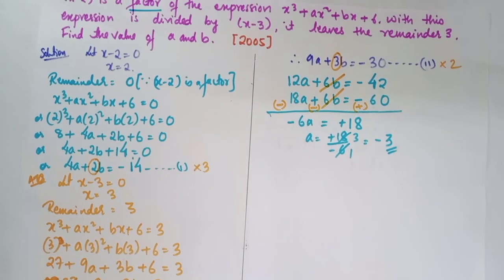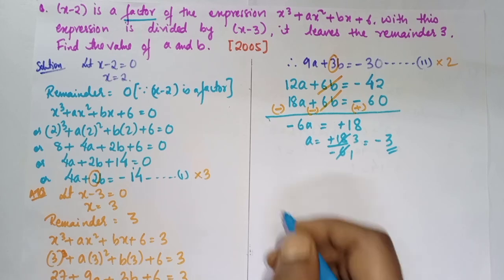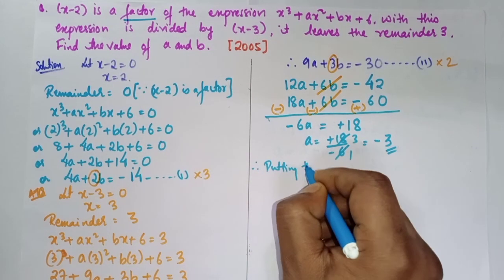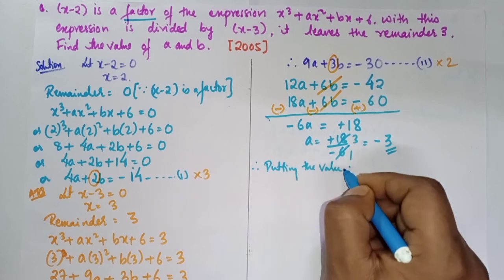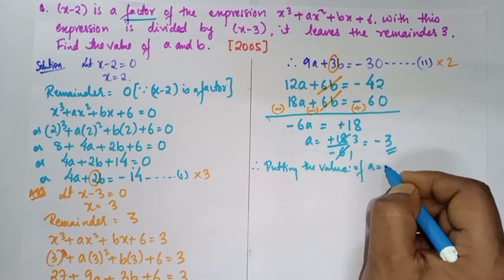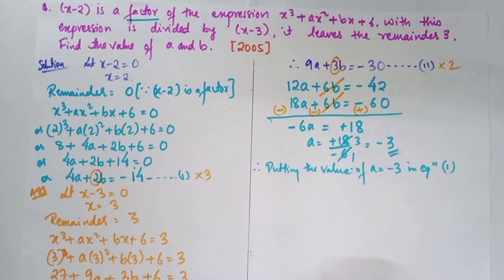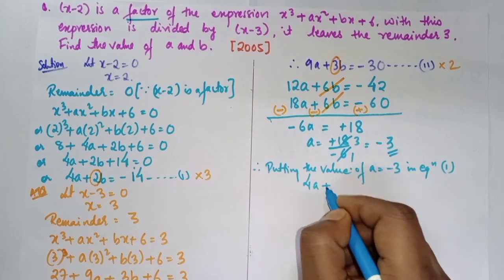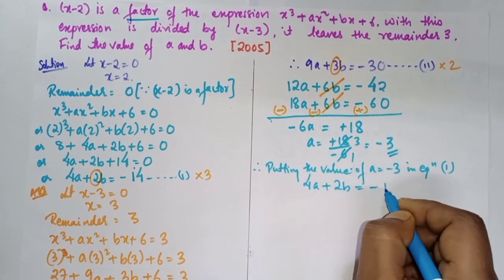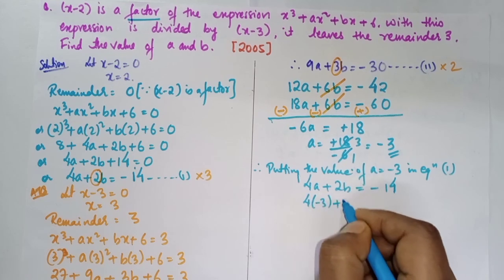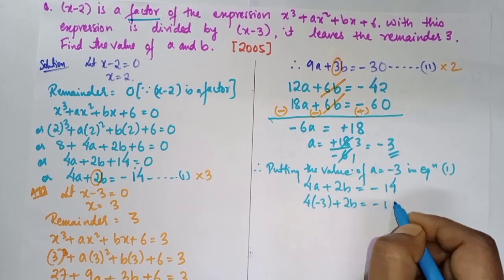Now what I have to do is put in the value. Therefore, putting the value of a equals minus 3 in equation 1: 4a plus 2b equals minus 14. So a value is minus 3, plus 2b equals minus 14.